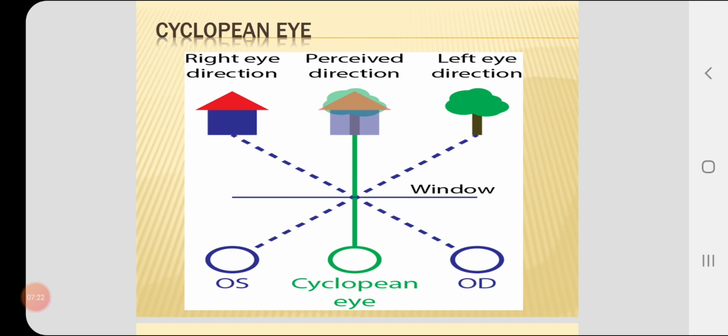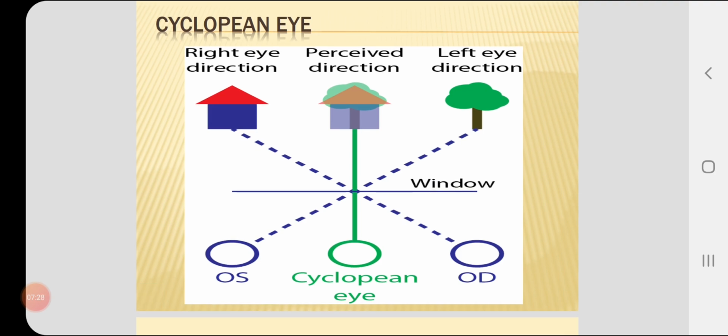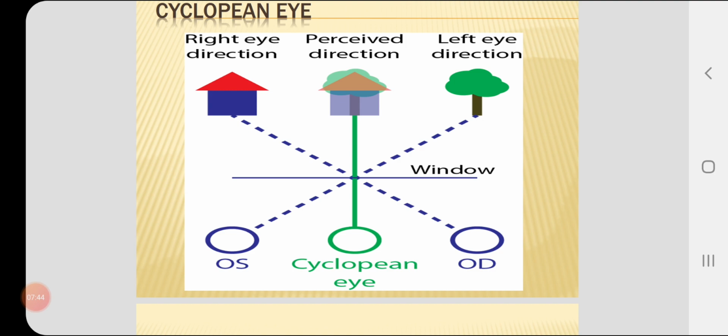That is called simultaneous perception in the case of dissimilar objects. But if we have similar objects, we'll have fusion. So for dissimilar objects we'll have simultaneous perception, that means we are perceiving the two objects at the same time. So that is your simultaneous perception.